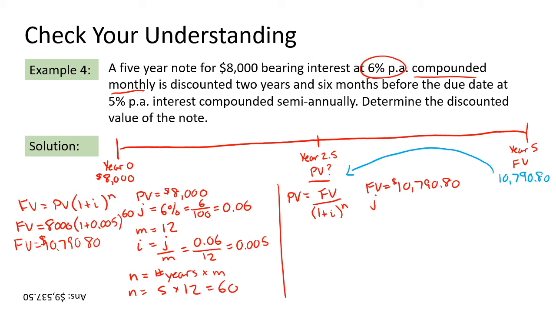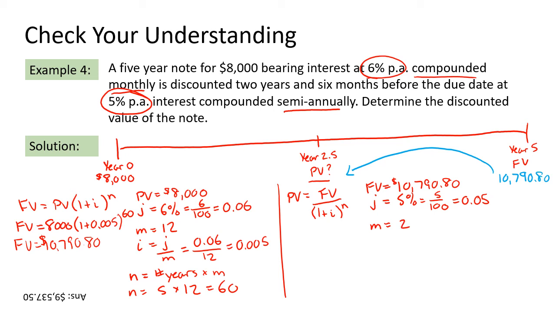We know at this period of time, our nominal interest rate, remember it's different, it's 5% this time, which is equal to 5 divided by 100, removing the percentage sign, which is equal to 0.05. We know our number of compounding periods per year, since it's given as semi-annually, means our number of compounding periods is 2.